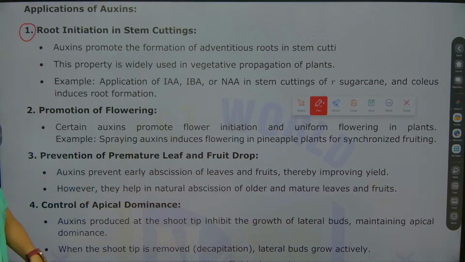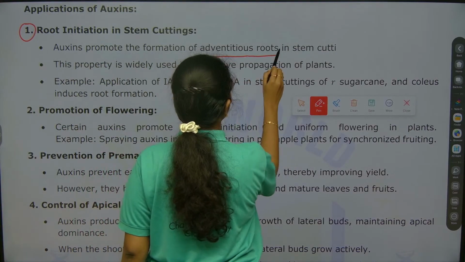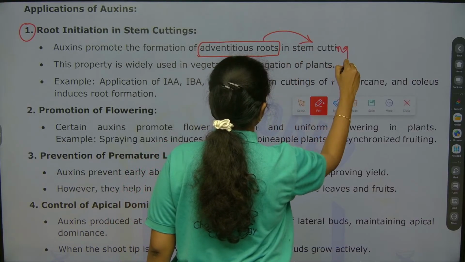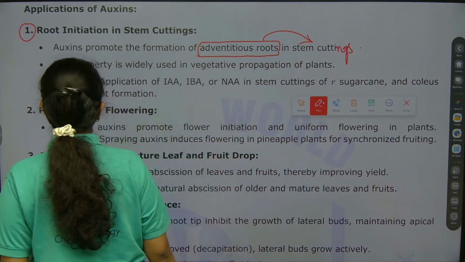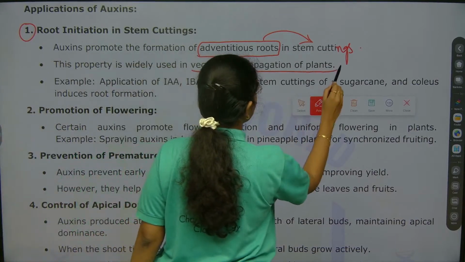So here, first is root initiation in stem cuttings. Auxins promote the formation of adventitious roots in stem cuttings. Next, this property is widely used in vegetative propagation of plants.